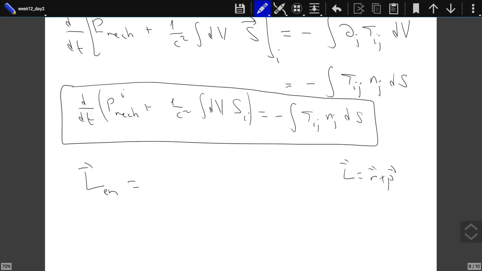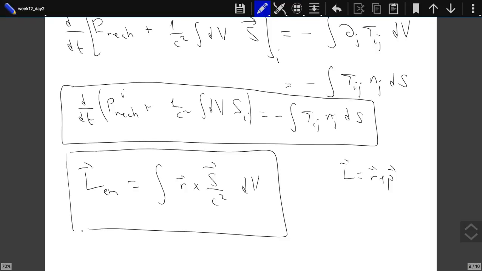Now, for the electromagnetic fields, p is not just localized at a given point, it's over all of the field. We can talk about the linear momentum density of the field, but the linear momentum density of the field is nothing but our Poynting vector. So S over c squared is the linear momentum density of my field. Multiply it with r, integrate over the volume. This is the angular momentum of the electromagnetic radiation.